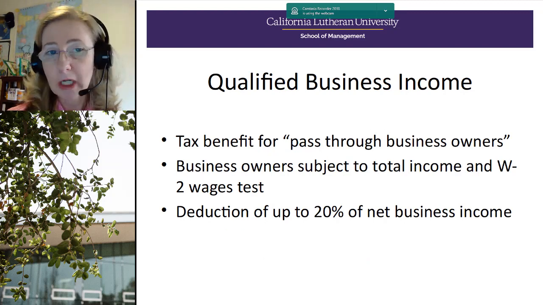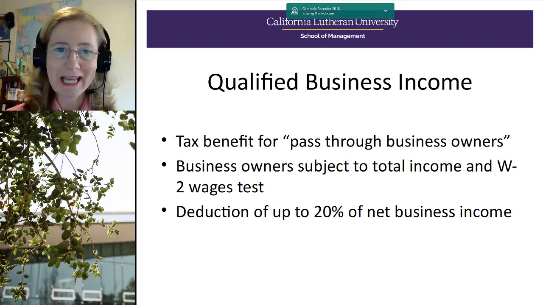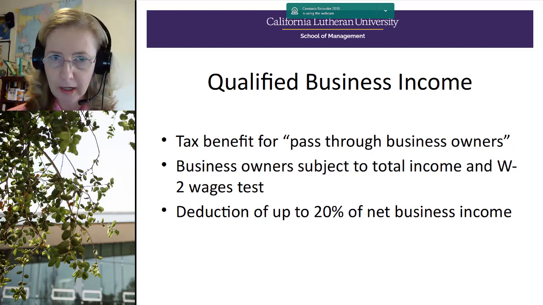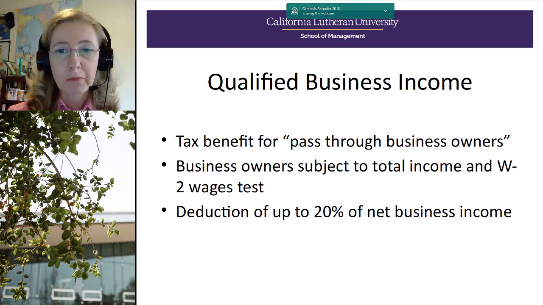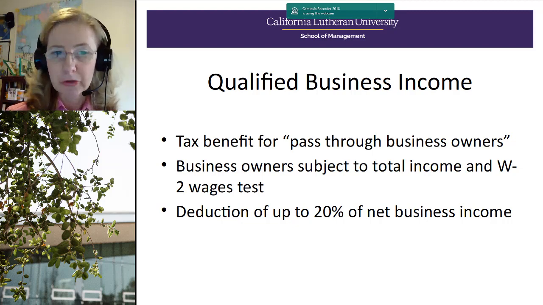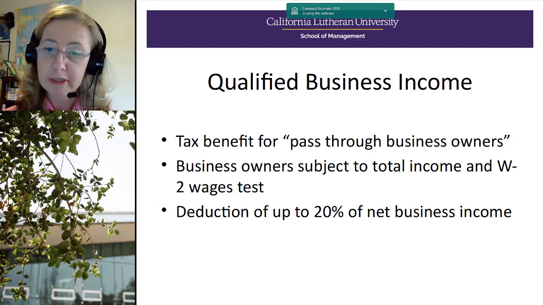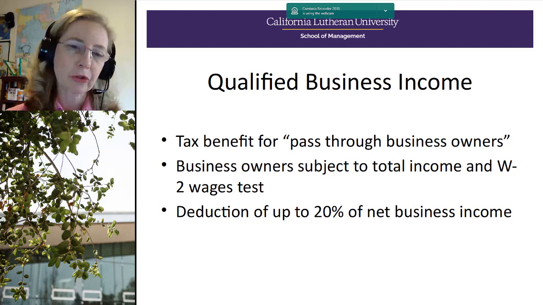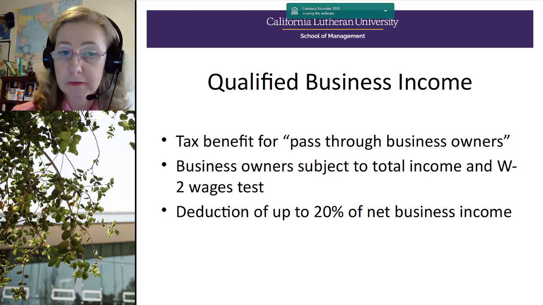So the last thing we'll talk about with respect to business entities is a new provision called qualified business income. Certain pass-through business owners may be entitled to a deduction of up to 20% of their net business profit. Now, there are a lot of rules around this. There are rules around the type of business being done.